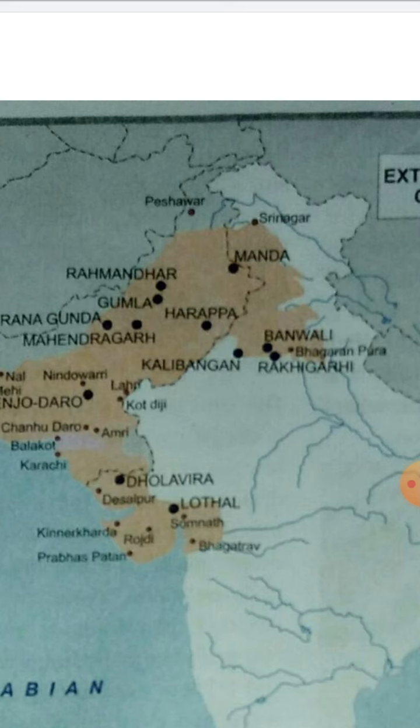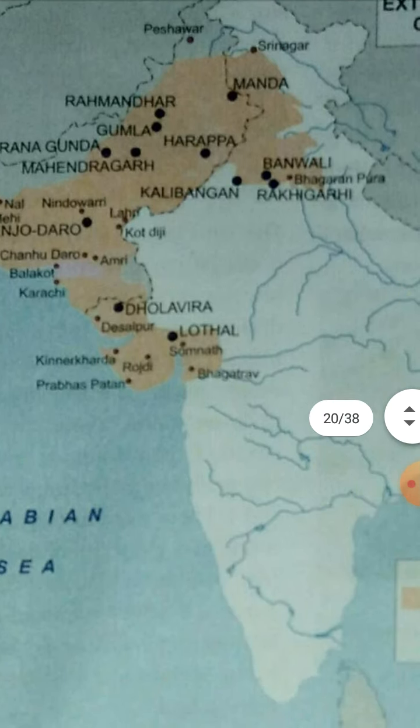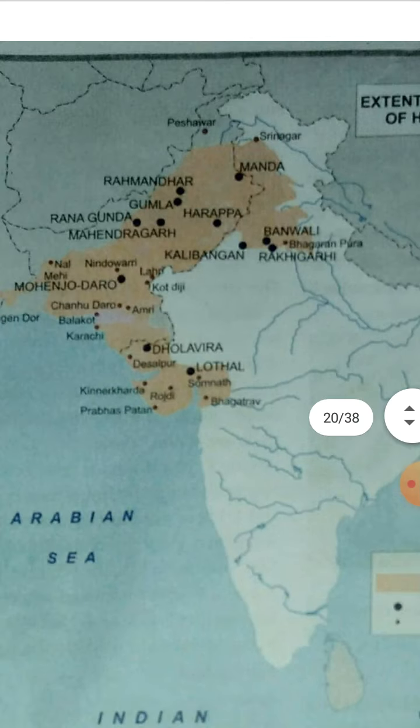These are some places which are in India. Some part of Uttar Pradesh, some part of Gujarat, some part of Pakistan, that makes the Indus Valley civilization. These are the cities which are excavated till now. Dholvira is near the Gujarat coast, so that is a coastal area.